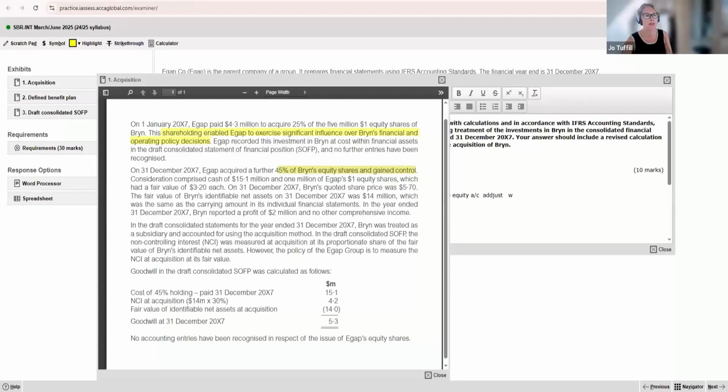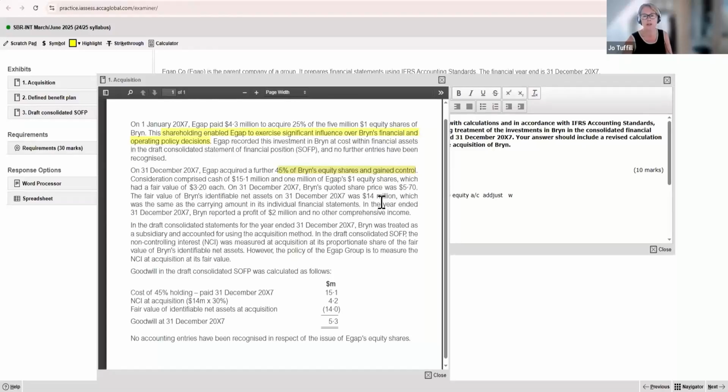Now, on the 31st of December, Bryn's quoted share price was 5.7, and the fair value of Bryn's identifiable net assets on the 31st of December was 14 million. This is allowing you to do this goodwill calculation. The quoted share price is going to be used to fair value the previous holding.